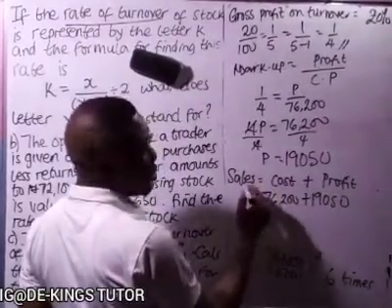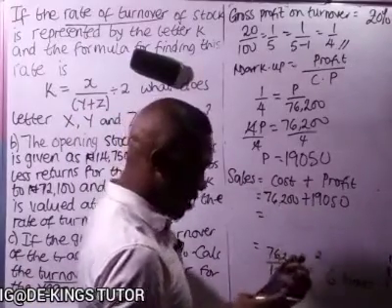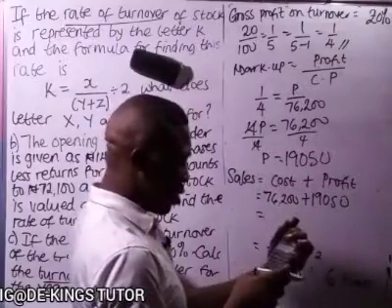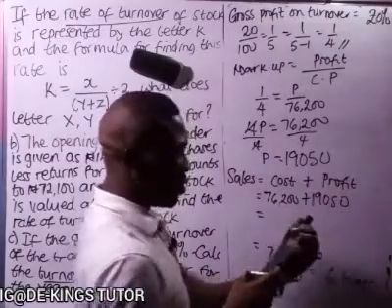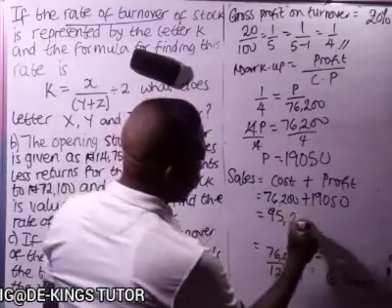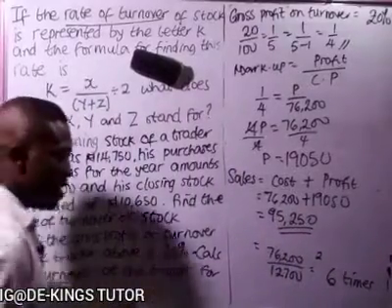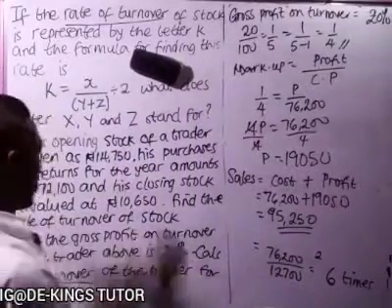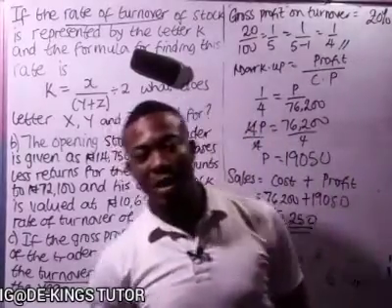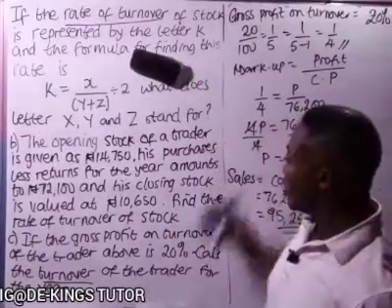So our sales, the same thing as turnover, will be 76,200 plus 19,050, and that will give us 95,250. So 95,250 is the actual turnover. That is our question, and that is the solution.